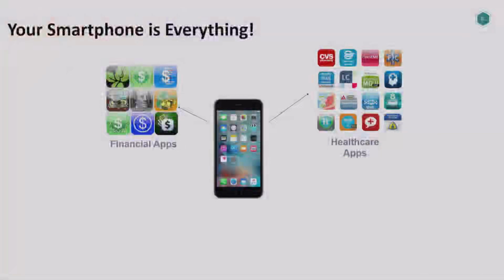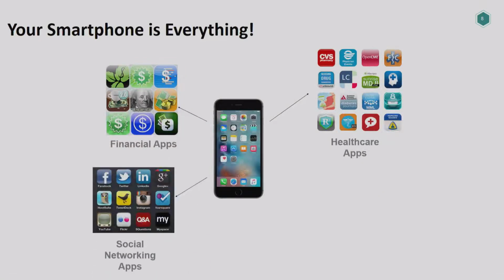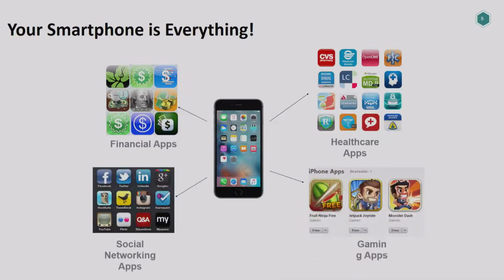At the same time, you also have the healthcare application where you book appointments with the doctor and discuss your allergies. So you have applications which are handling your healthcare information. And you have social networking applications like Facebook, Twitter, and many others, and also gaming. So your mobile in your pocket is handling your healthcare, financial, personal, and all other sensitive information.